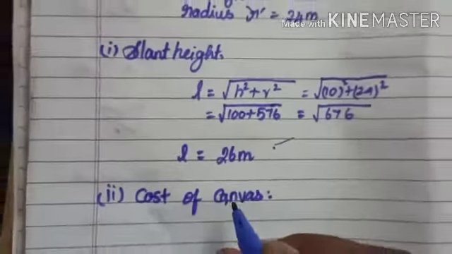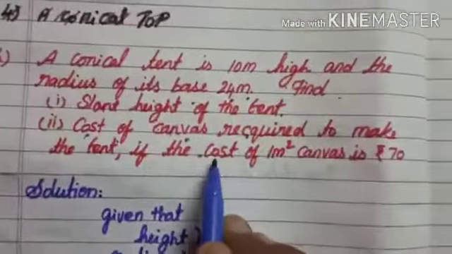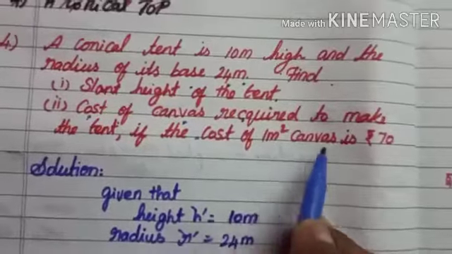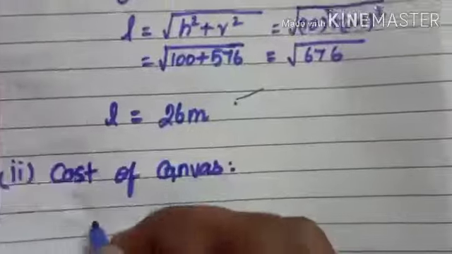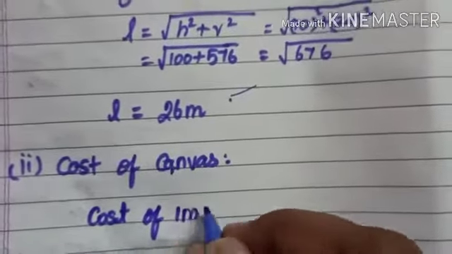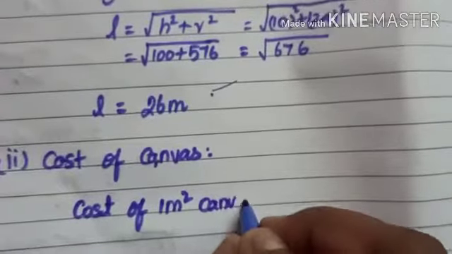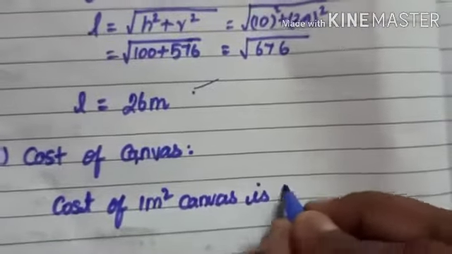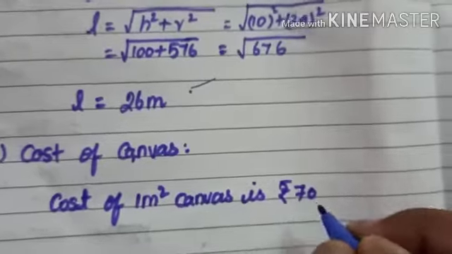So cost of canvas means what is the given? The given is the cost of 1 meter square canvas is rupees 70. Just write that first. Cost of 1 meter square canvas is rupees 70.